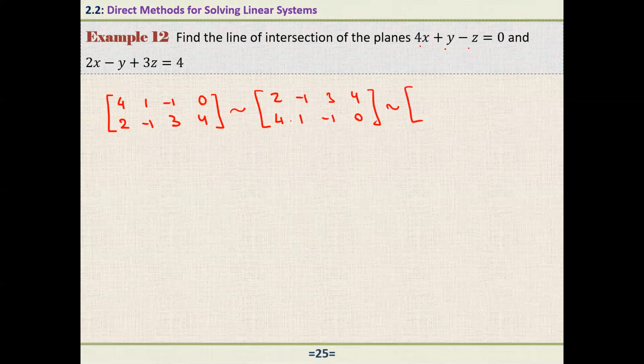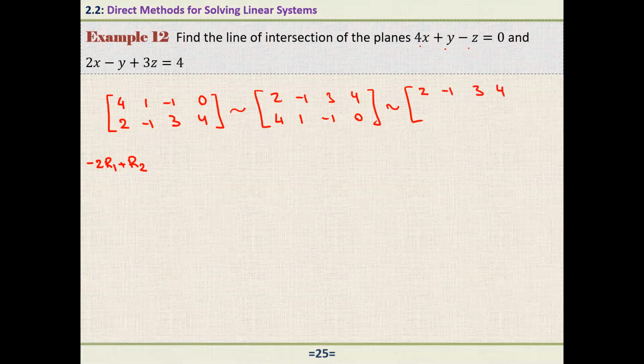Now we need to create 0 here. If I multiply the first row by negative 2 and add it to the second row, let me write it here. What we are doing is multiplying the first row by negative 2 and adding it to the second row, right?